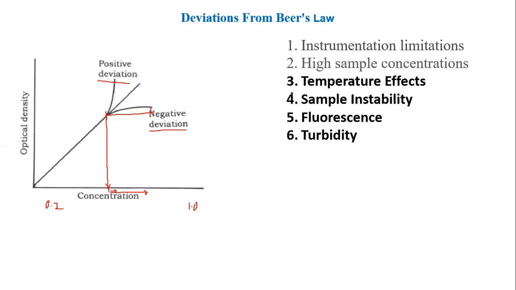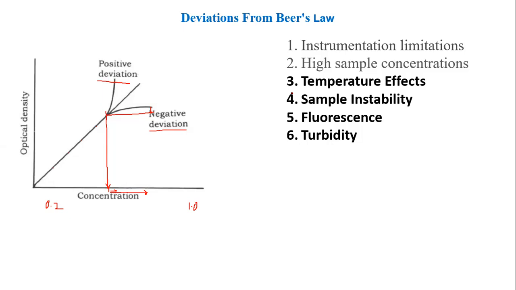The compound of your interest may also start to vibrate more, and because of those vibrational transitions, it might give you abrupt values with change in temperature. So it's always recommended that you perform absorption studies at a specific constant temperature value.